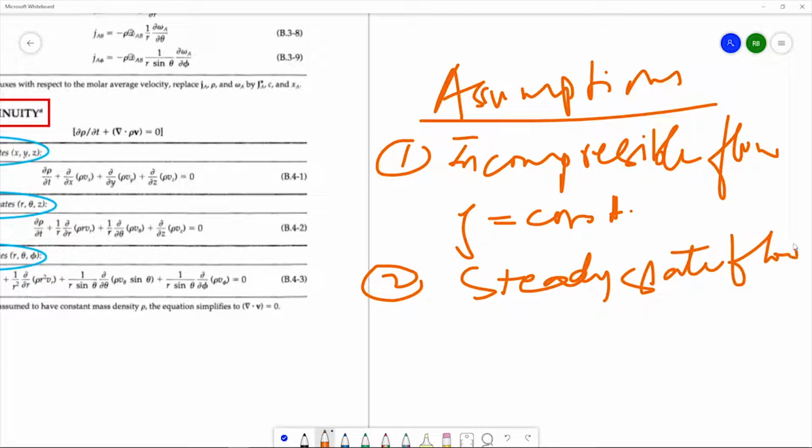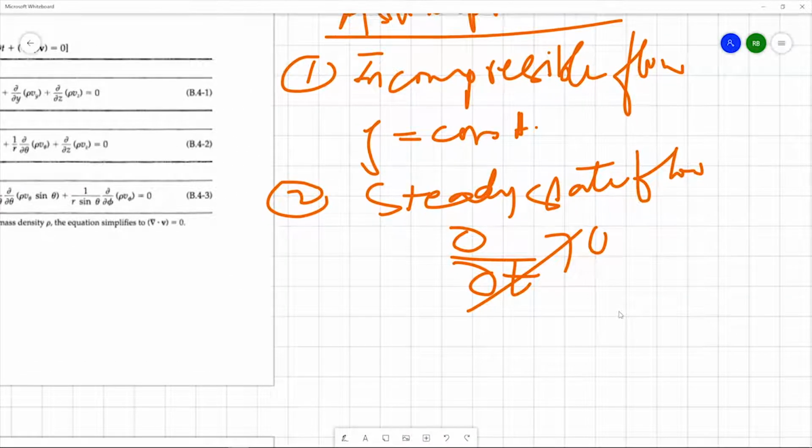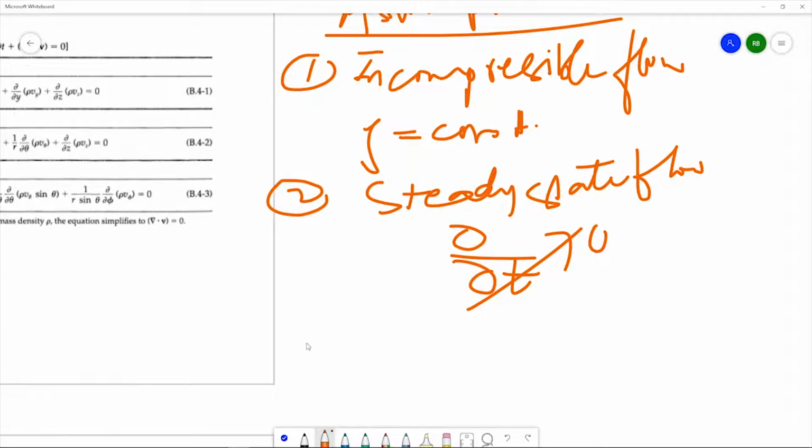Steady state flow means there is no dependence upon time, so anything that varies with time will be struck off. The flow is not dependent on time, so anything which is changing with time will be zero.